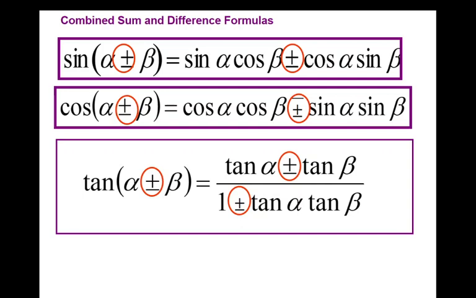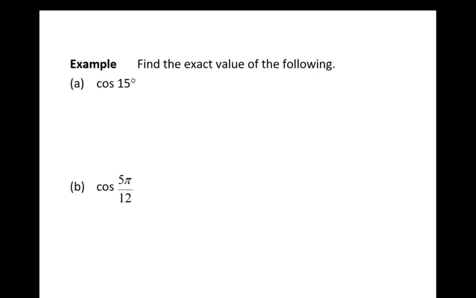So if we have sine of some a plus b, it ends up being the sine of a times cosine b plus cosine a sine b. And of course, these are on your formula chart as well, so you have them there when you need them. We don't use the tangent one very often, mainly just sine and cosine. And this is just how it works.